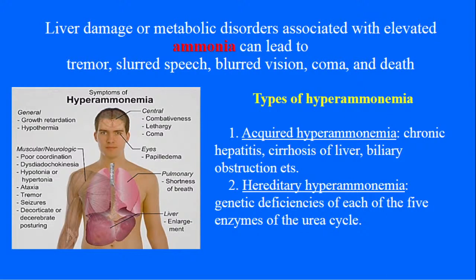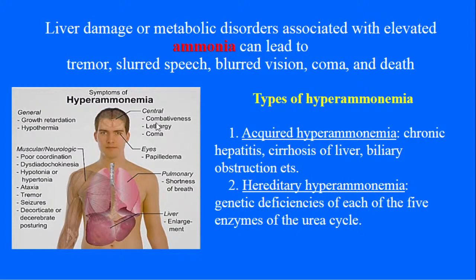In addition to tremor, as I told you, seizures can occur due to neurotransmitter lack, like gamma-aminobutyric acid. Then enlargement of the liver may be combined with liver disease. If it is chronic, growth retardation will occur, and hypothermia can be observed.